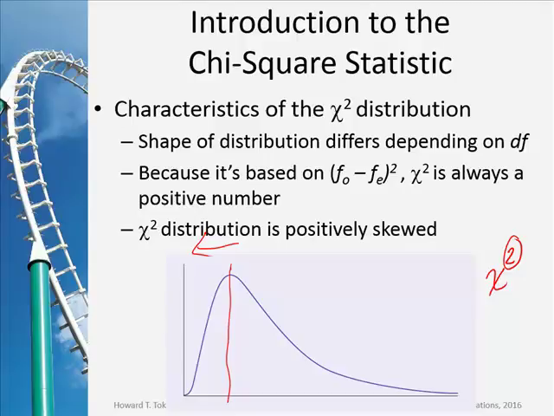And it can only get positive, right? It can only get a positive number because of the square. So there's more out here in the tail because we've squared it.